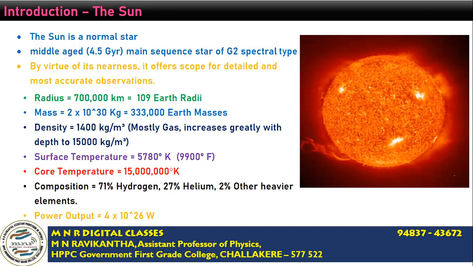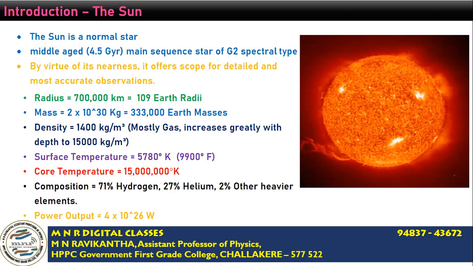The surface temperature of the Sun is 5,780 Kelvin, while the core temperature extends up to 15 million Kelvin. The chemical composition: as we know, inside the core, the temperature is very high. At such high temperatures, most of the matter exists in the form of hydrogen and helium.